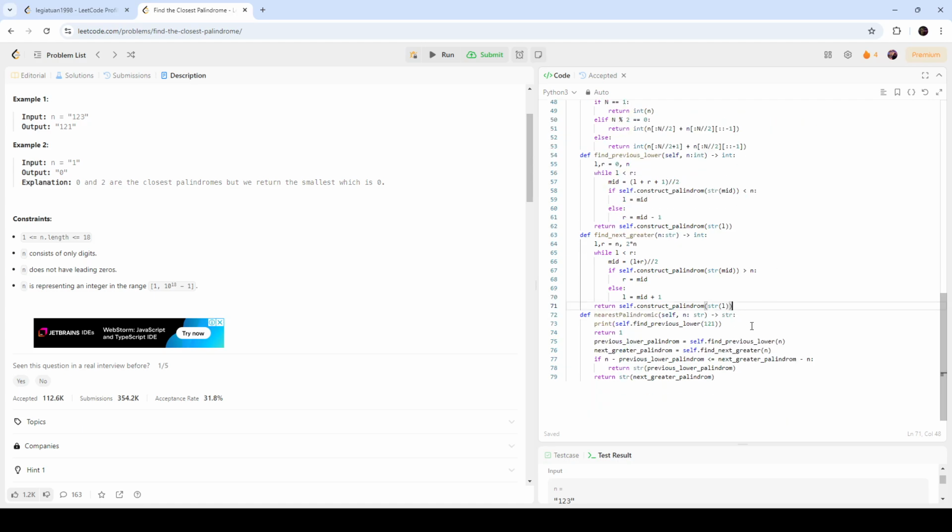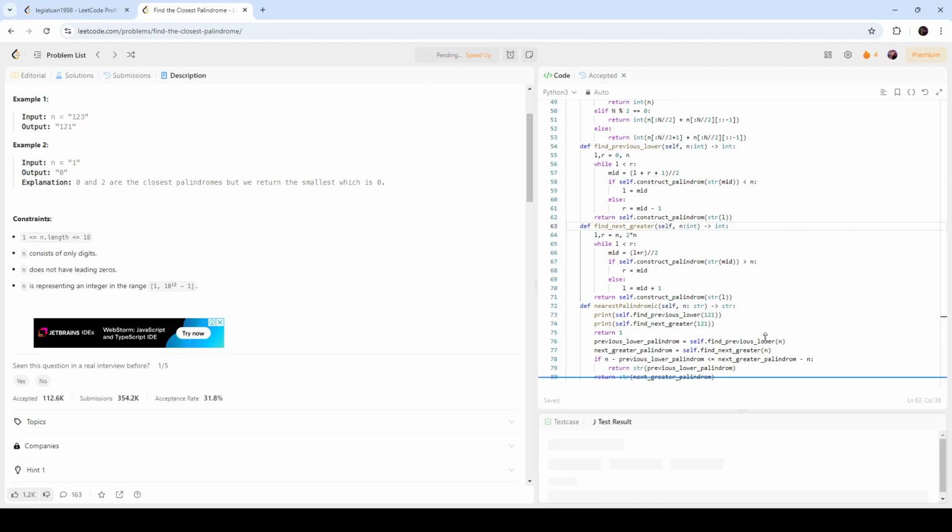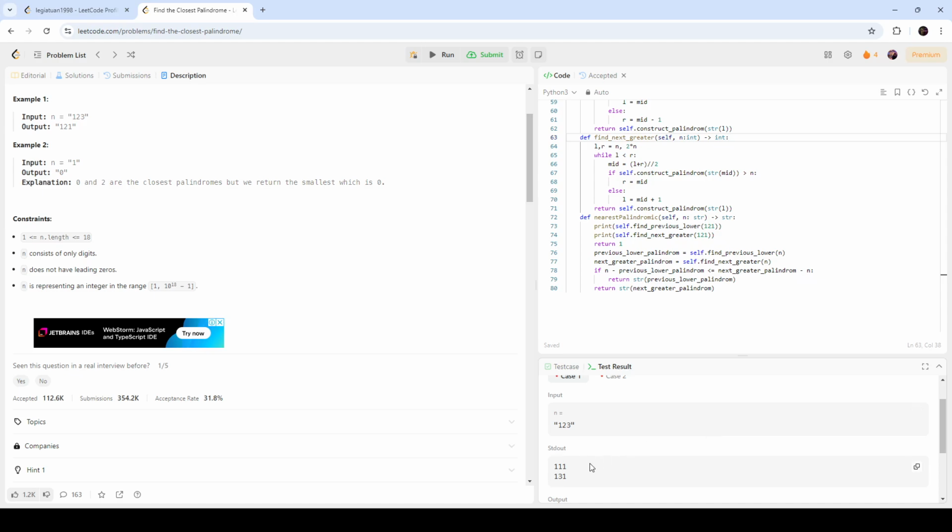To make sure this guy worked, let's do it. Print self.find next greater, this guy is going to take an input of type integer. Okay, so we have 1 1 and 1 3 1 for 1 2 1. So I think it works, right?